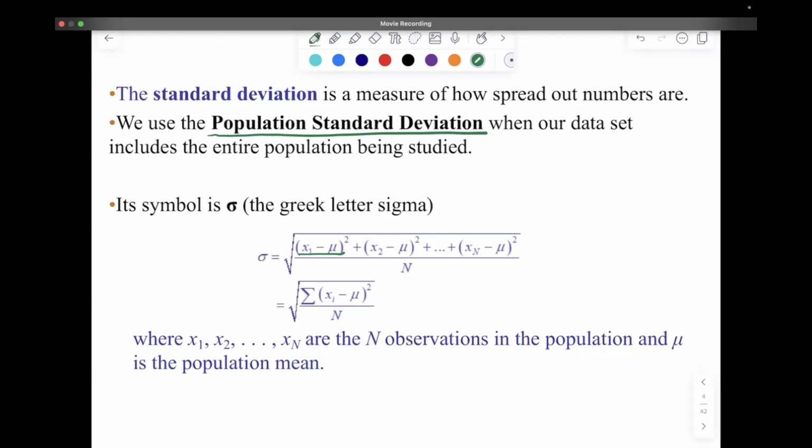Then you add all of those squares together, and then divide by the number of observations. However many data values we have, that's what we divide by. Once we do that, take the square root of your result. That gives you your population standard deviation.